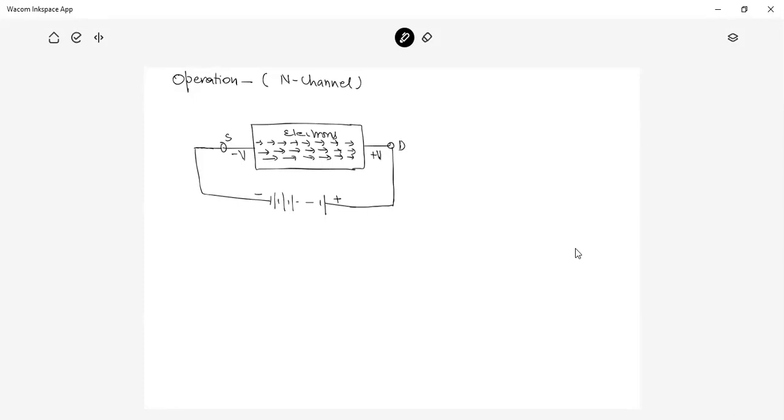If you see this point, and here it is the point, these points have different potentials. This point has different potential. This potential, say VD, this potential is VD.